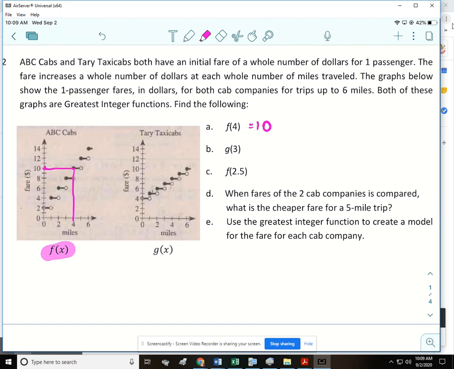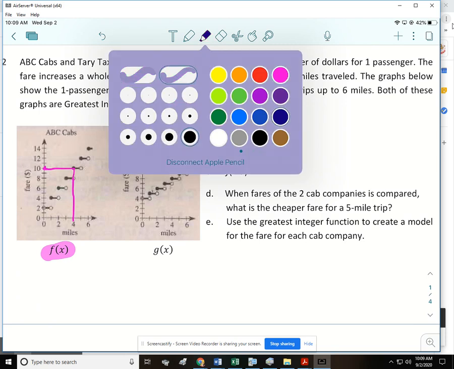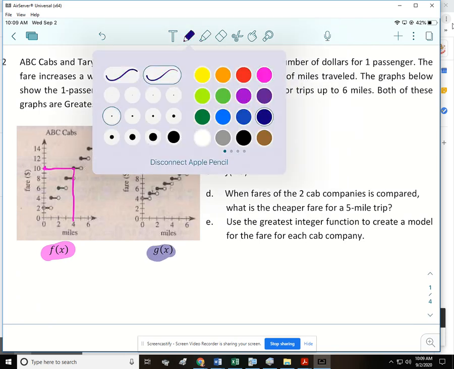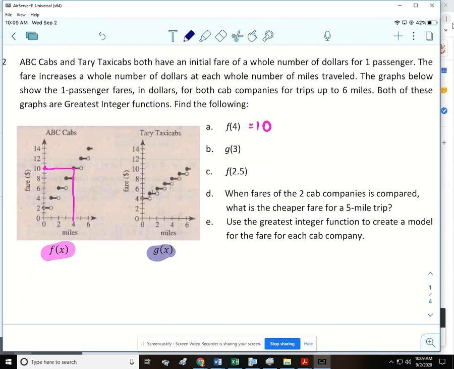All right, for G of 3, I'm going to use the G function. So 3 is here, 3 miles is here. We're going to go up. We don't use the hole, we use the solid. And that is going to be 7.